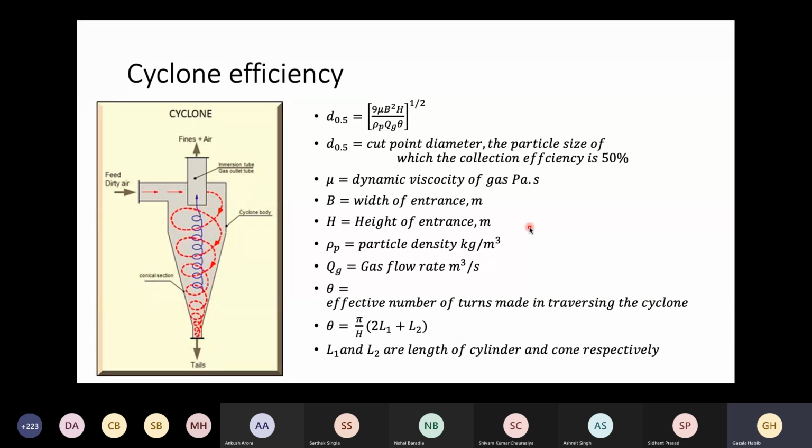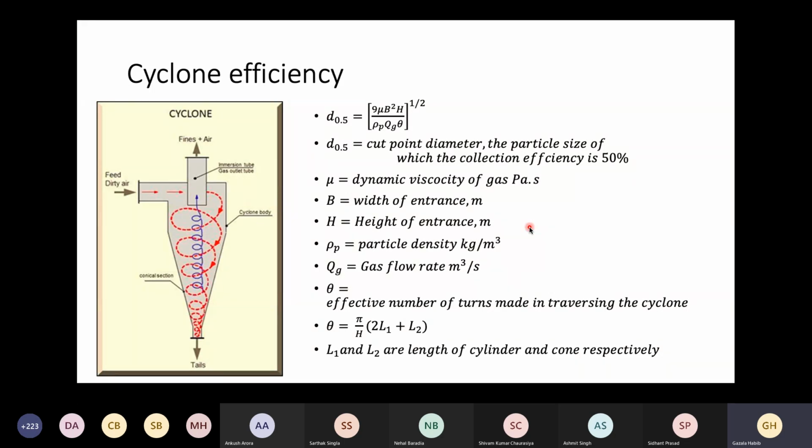In our lab we have maybe a 15 centimeter cyclone, and the cyclones used in industries could be a few meters in size. So from a few centimeters to a few meters, and the size will vary with the size of the particle you want to remove.